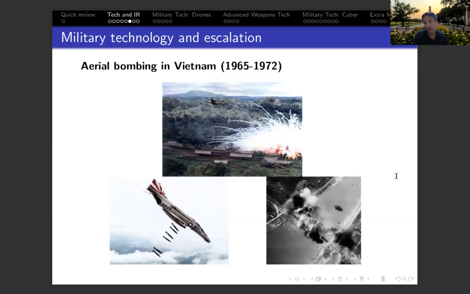In that case, the smart bomb technology in the latter phases of the war enabled a better execution of the aerial campaign. It wasn't the reason for the aerial campaign.